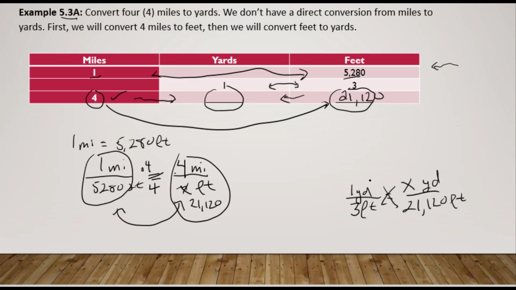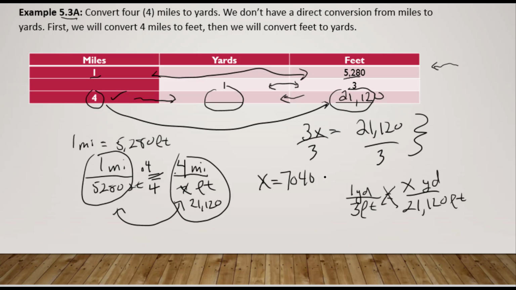And so I'm going to get 3 times x equals 1 times 21,120. Divide both sides by 3. And I'm going to go to my calculator, divide this. And I get 7040.